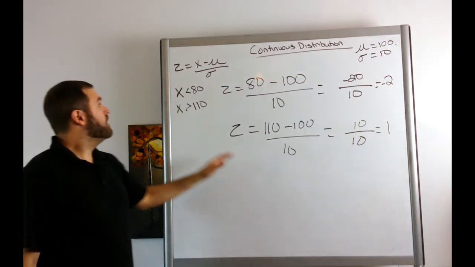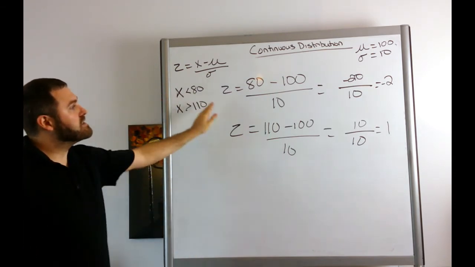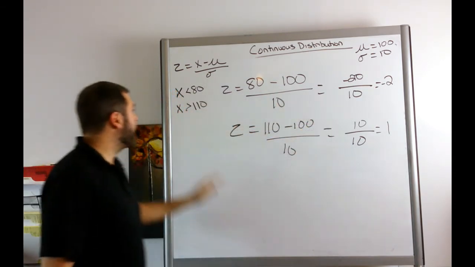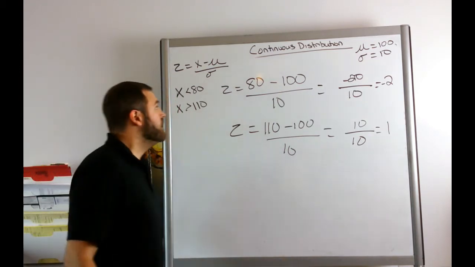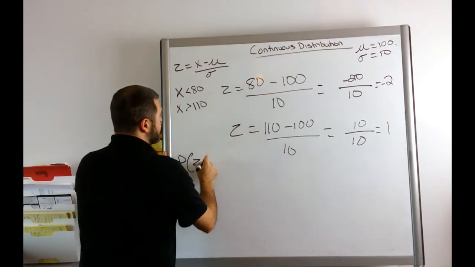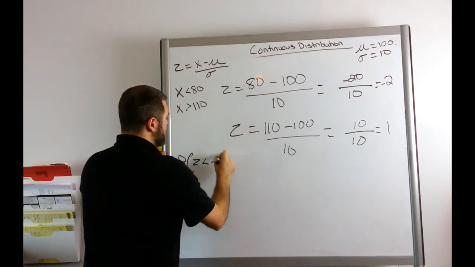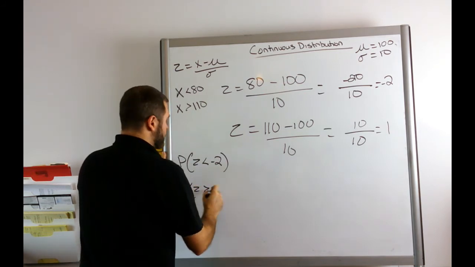So now we have the probability that x is less than 80, our z is negative 2, and the probability that x is greater than 110, our z is 1. So the probability that z is less than negative 2 and the probability that z is greater than 1.